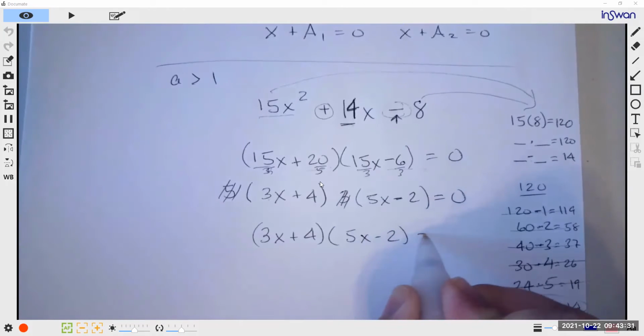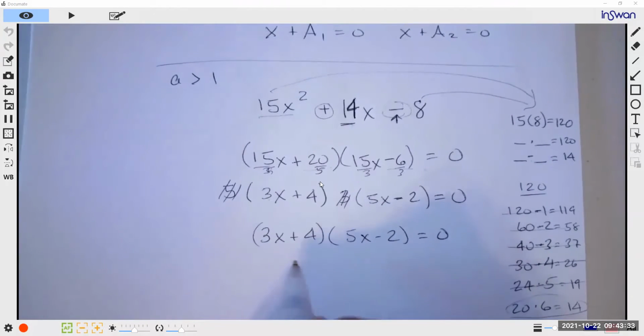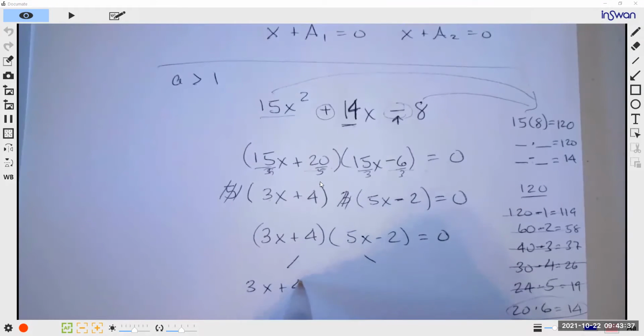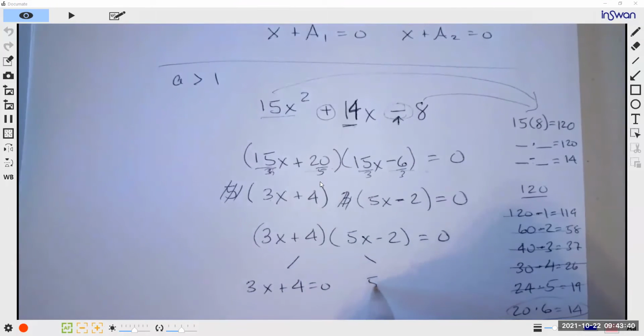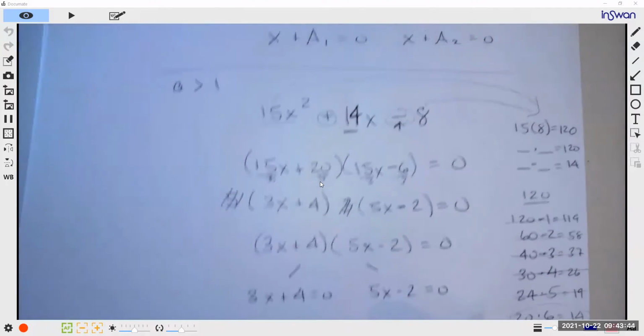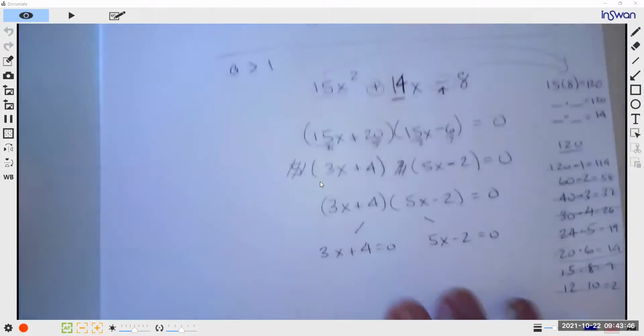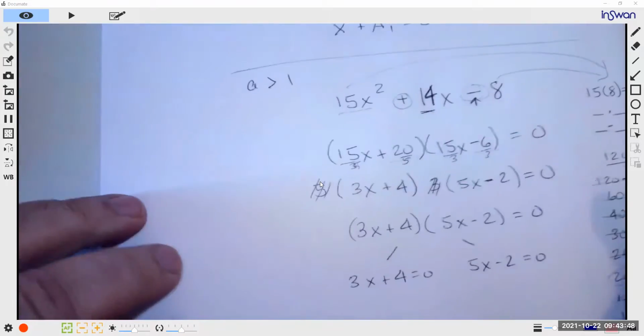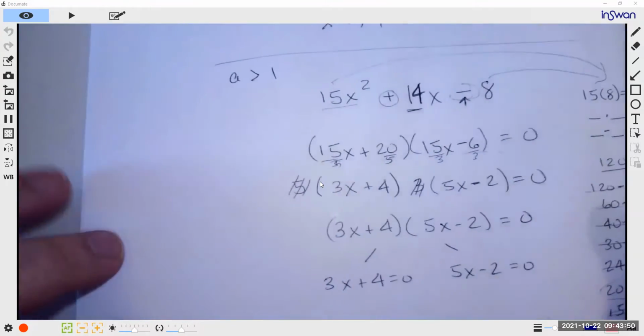What we're left with is the factor. So we set them both equal to 0 and solve.